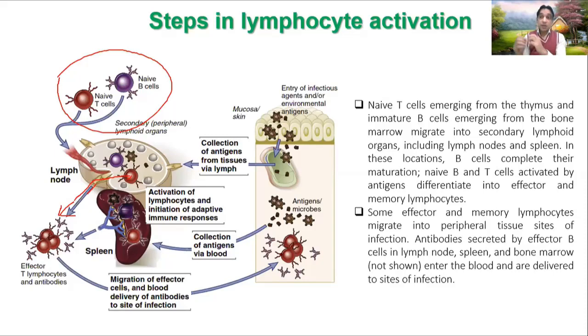So from the skin, it is taken by the dendritic cells and presented to the immune cells within the lymphatic system or within the lymph node. From the blood, it is sensed within the spleen. So if the person does not have a spleen, or in certain cases the spleen is not working well, that person might not be able to detect the germs and problems present in the blood.